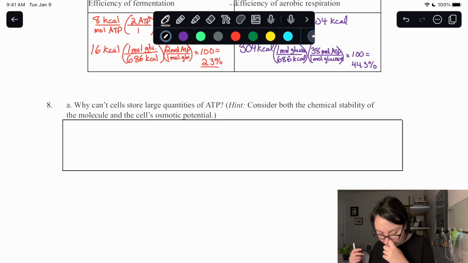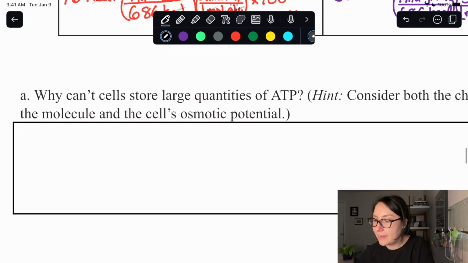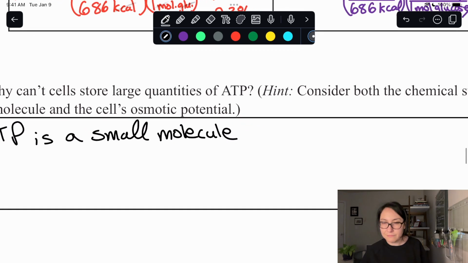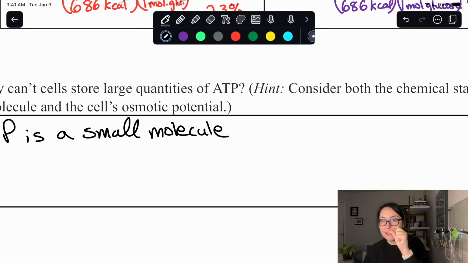The thing you want to think about is, well, basically ATP is how big. Is it a big molecule or a small molecule? So one thing is that ATP is a small molecule because it's like hydrogen, a really small proton.